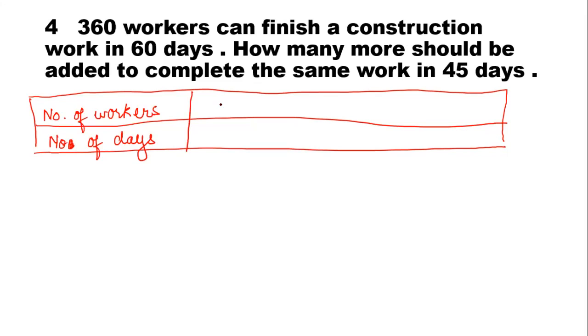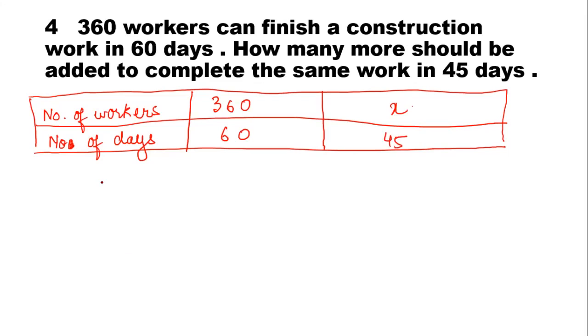So if there are 360 workers, they can finish a piece of work in 60 days. How many more workers need to be added to complete the work in 45 days? So 45 days में कितने workers will complete the work?